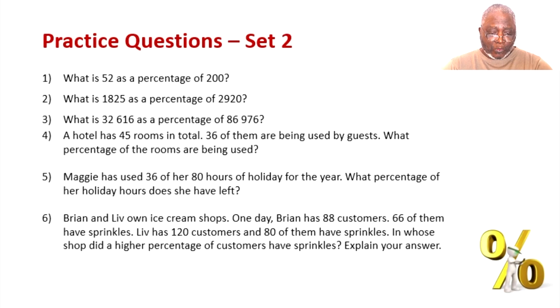Brian and Liv own ice cream shops. One day, Brian has 88 customers. 66 of them have sprinkles. Liv has 120 customers and 80 of them have sprinkles.